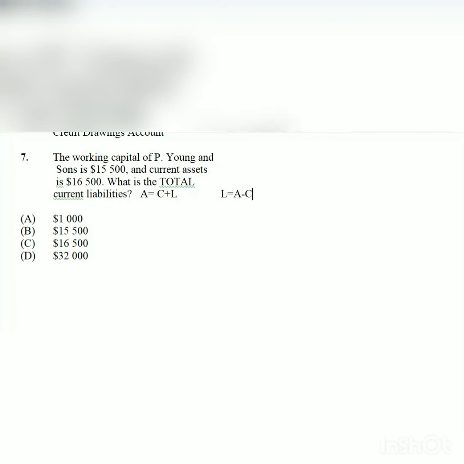Now, A, assets. How much is the asset? So the working capital of P. Young and Sons is $15,500 and current assets is $16,500. So our current asset in this case is 16,500. Let's put in that amount directly here, 16,500, and we want to take away, so let's line it up a bit, 16,500, and we want to take away the capital of 15,500.